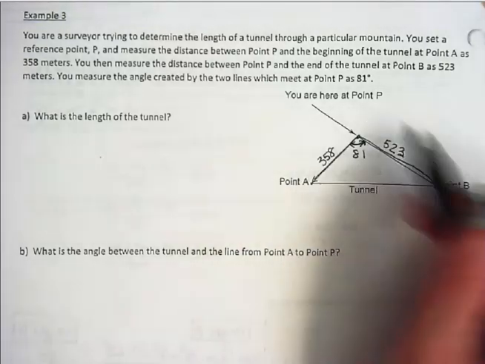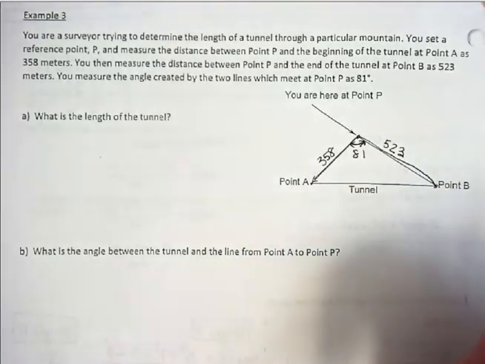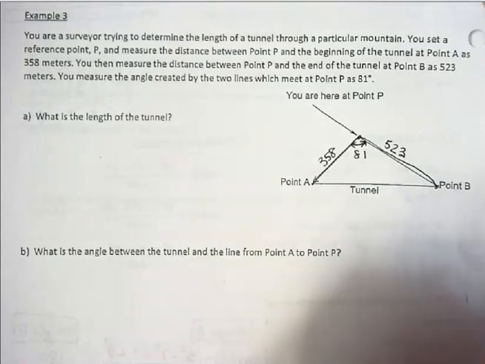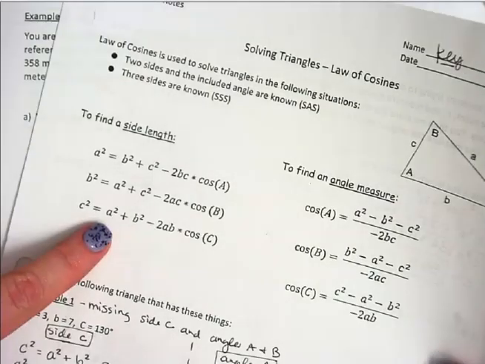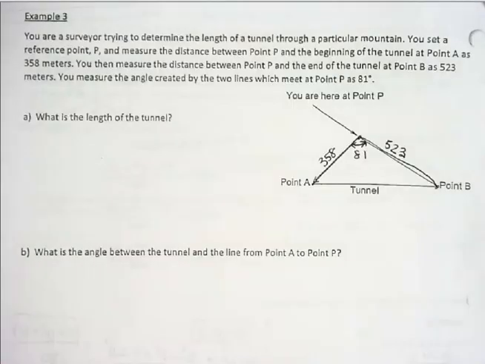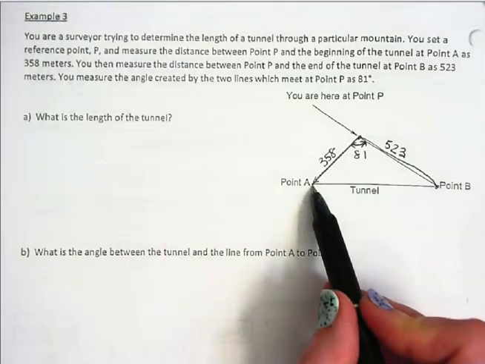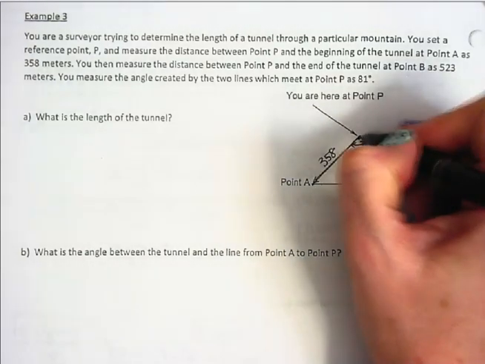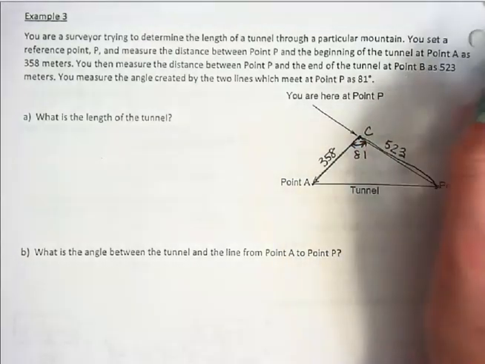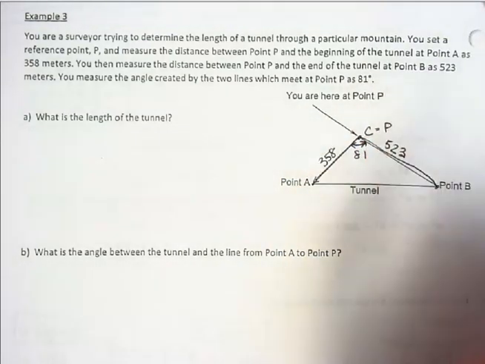We could use any variables we want here, but I'm going to choose variables that match these formulas from the front, my A, B, and C. So I have here already that this is A, this is B. I'm going to call this one C. The problem calls it P, but I'm just going to change that.